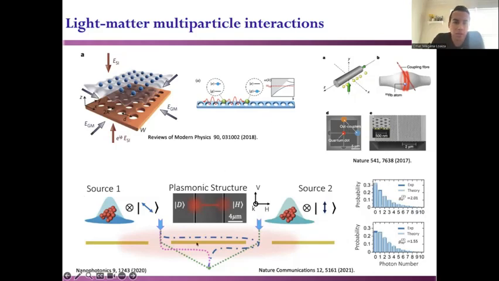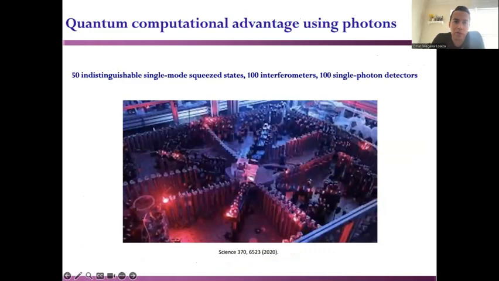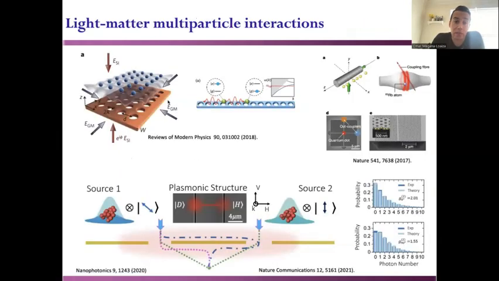My group has been using plasmonic fields also to control the interactions between wave packets and to change the statistics. All these schemes will allow us to build this kind of quantum simulators, but in theory, we expect that the use of these additional matter interactions will allow us to control these systems in a more sophisticated way.